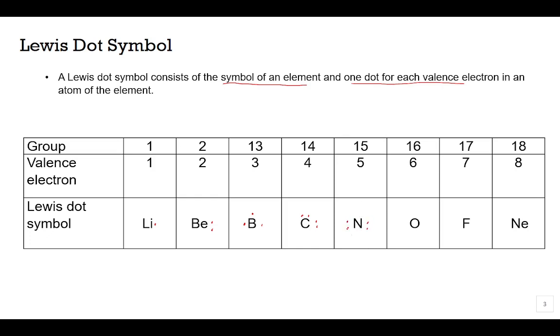This is dot actually, but the ink here is too small for you to see. And 6, so 1 2 3 4 5 6, fluorine 7, 1 2 3 4 5 6 7, and neon is 8. So this is octet. 1 2 3 4 5 6 7 8. So that is the symbol of element with one dot for each valence electron to show that this is Lewis dot symbol.